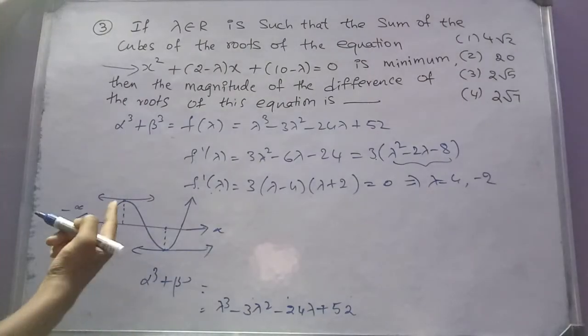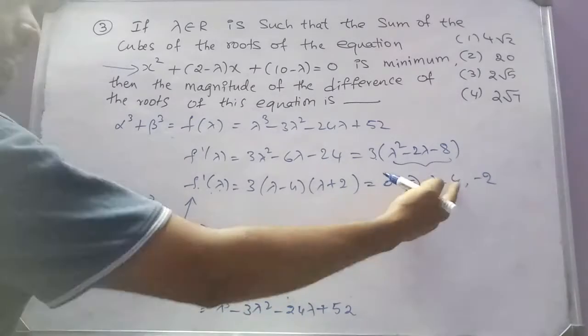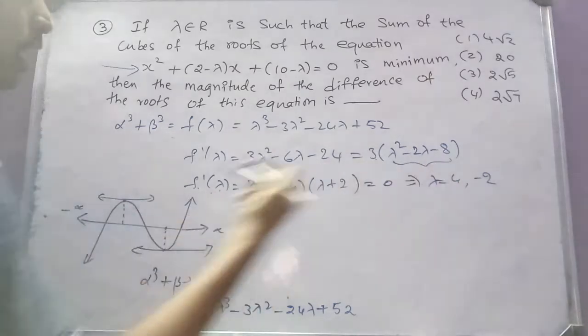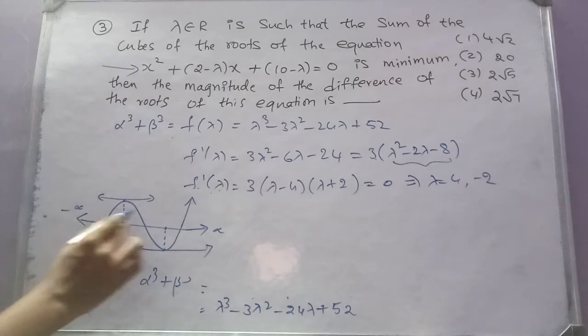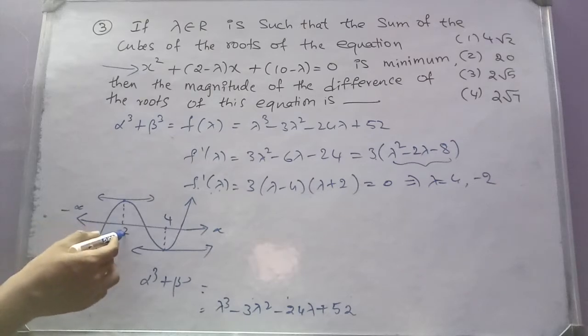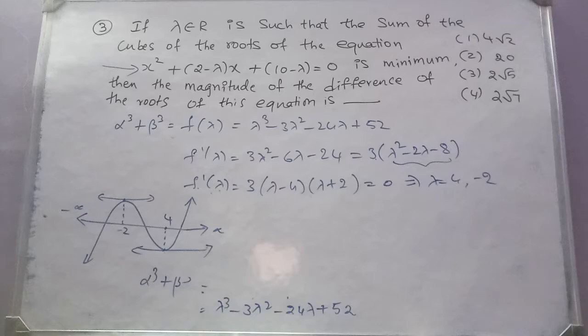I should know at what input I'll get maximum value and at what input I'll get minimum value, right? Actually, we can say directly like this. See, minus 2 is lesser than 4. So then at minus 2 we will get maximum, and at 4 we will get minimum. We can say directly, but let us find it.